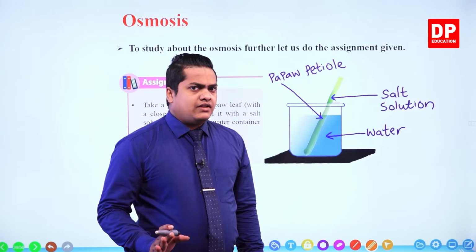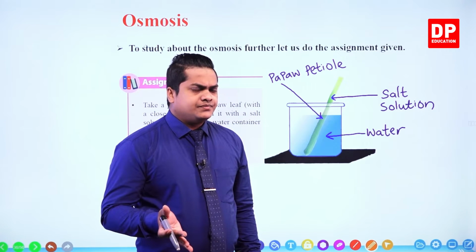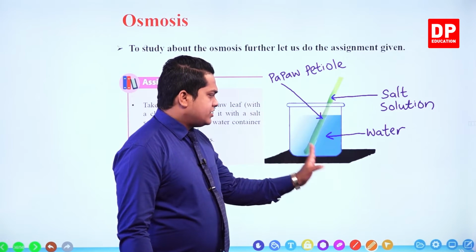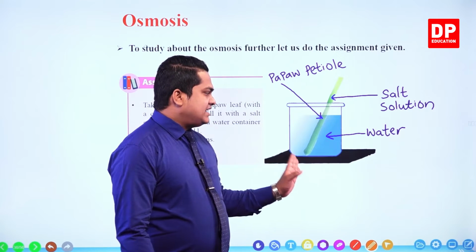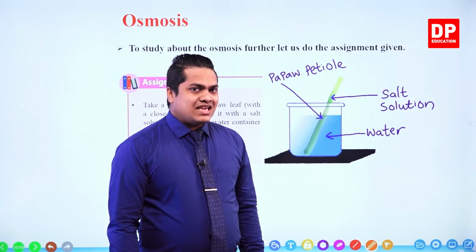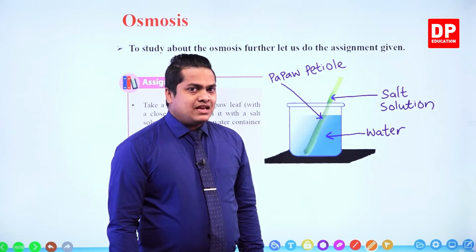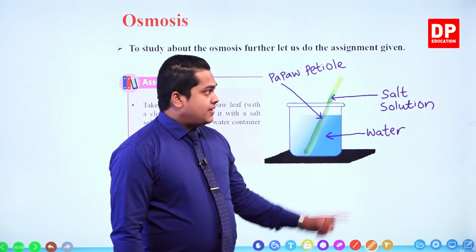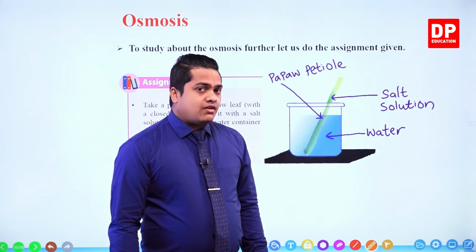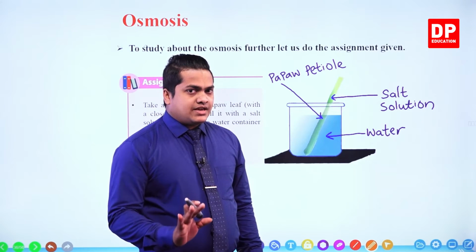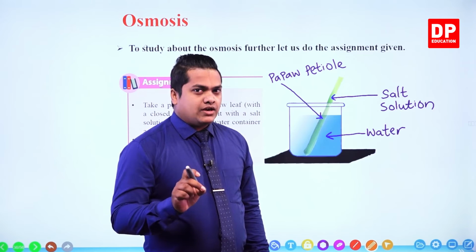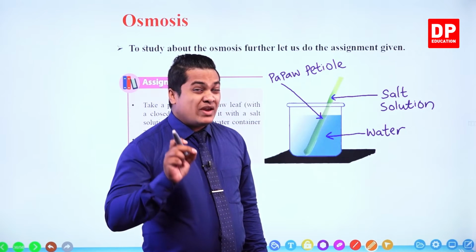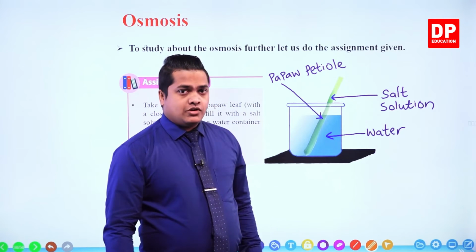Before I conduct the activity, let's see what's going to happen over here. You know that this end is closed now. However, those things are made up of cells. Even though this end is closed, there are cells and cells contain cell membranes. Cell membranes allow water to pass. Inside the petiole, there is only salt solution. Let me rephrase. The concentration of water is very low within the petiole. Why is that?